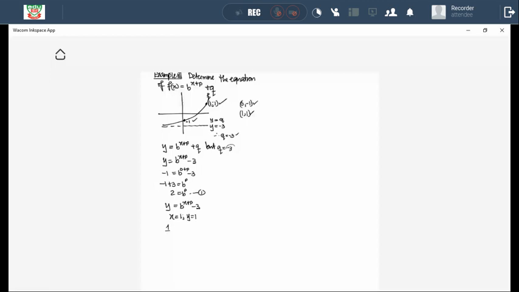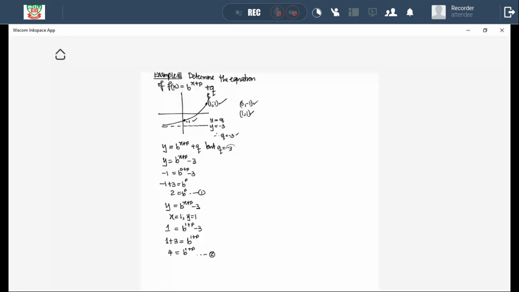Substitute now. This is 1 equal to b to the power of 1 plus p minus 3. There you go. Transpose the 3. It becomes 1 plus 3 equal to b to the power of 1 plus p, which is now 4 equal to b to the power of 1 plus p. This is equation number 2.